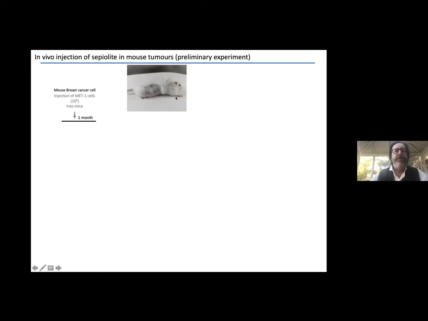And then after 1 month we got the tumors, and then we injected sepiolite with the antibody against PD-1, which is an inhibitor of the immune checkpoint. This is the basis of immunotherapy. The tumor should be sensitive to this antibody.